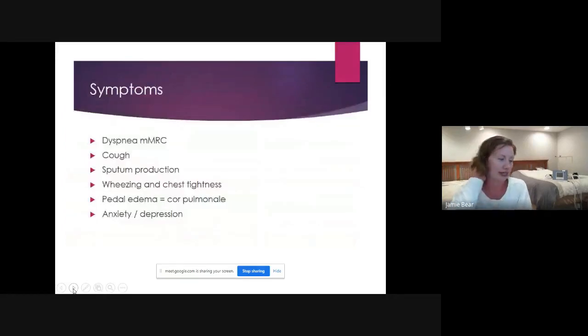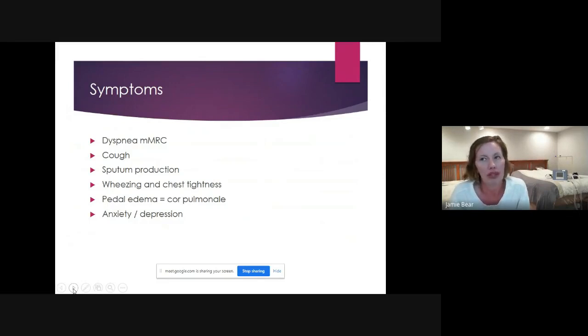So looking at symptoms, if you're looking to gather information with COPD patients, you can look at dyspnea. The most common scale is the Modified Medical Research Council, and I have a picture of that next. Looking at their cough characteristics, sputum production, wheezing, and chest tightness.